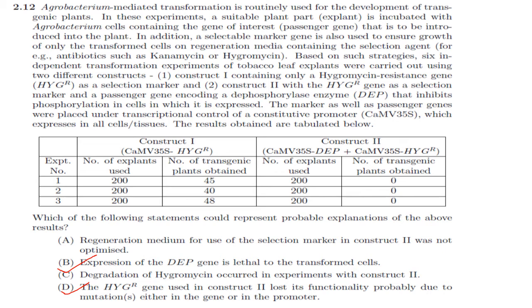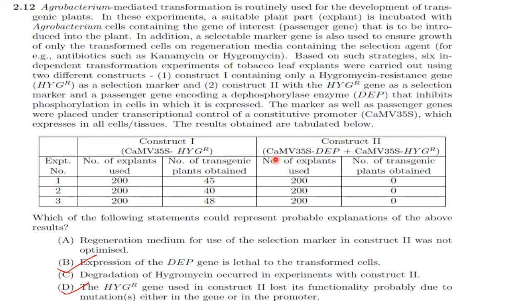And they have tabulated the result. They have chosen 2 constructs, construct 1 and construct 2. One is CAMV35S hygromycin and the other is CAMV35S DEP plus CAMV35S hygromycin resistance gene. What they obtained by using only the construct with hygromycin resistance gene under the control of the promoter CAMV35S, they have obtained this many transgenic plants from this many explants used.